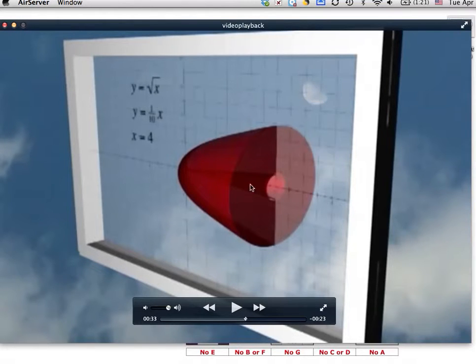Alright, so the volume that we end up getting when we take that kind of triangular shape and rotate it all around the x-axis looks like this. It's kind of donut-like.